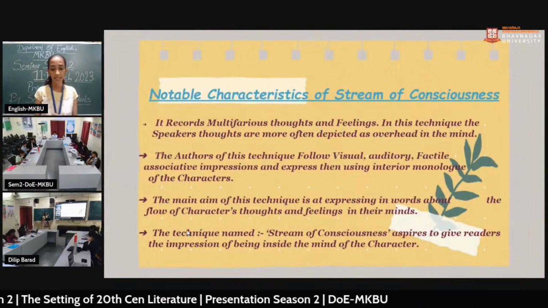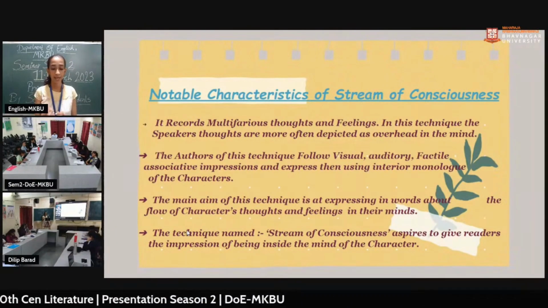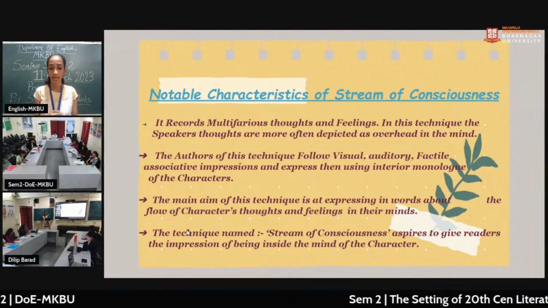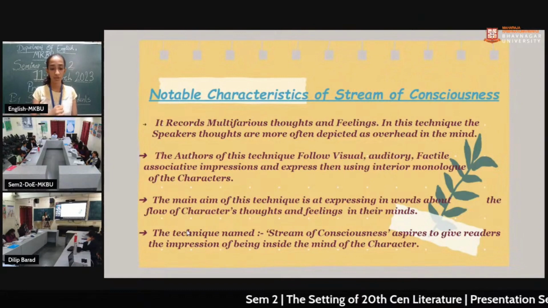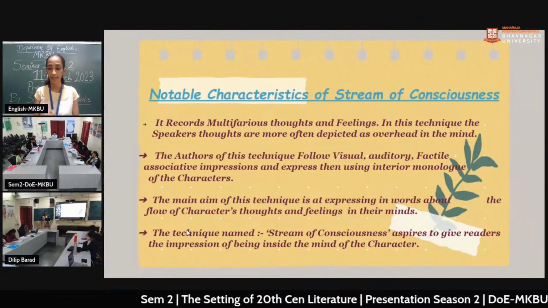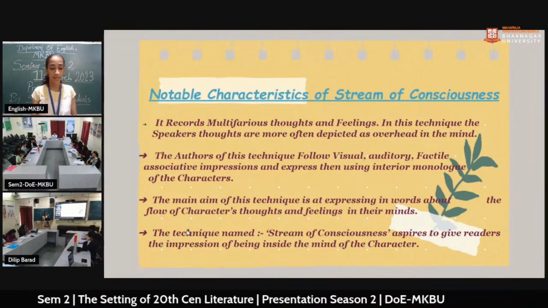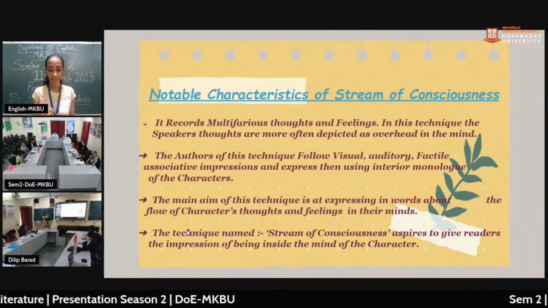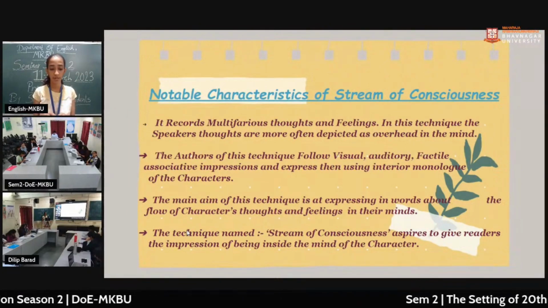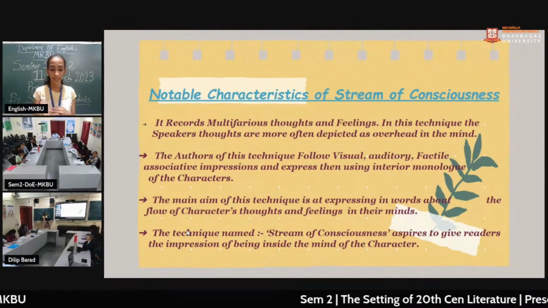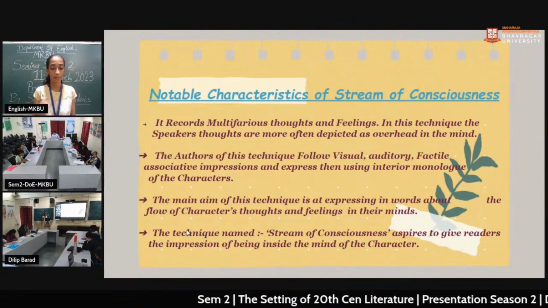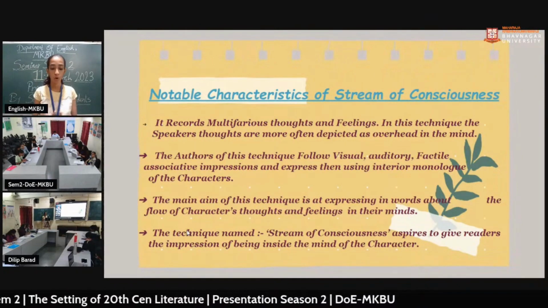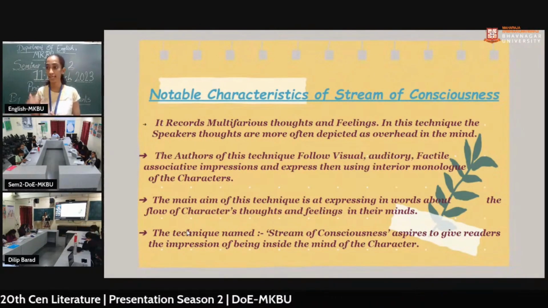Notable characteristics of stream of consciousness: it records multifarious thoughts and feelings. In this technique, the speaker's thoughts are more often depicted as overheard in the mind. The authors of this technique follow visual, auditory, tactile, and associative impressions and express them using the interior monologue of the characters. The main aim of this technique is expressing in words the flow of characters' thoughts and feelings in their minds.